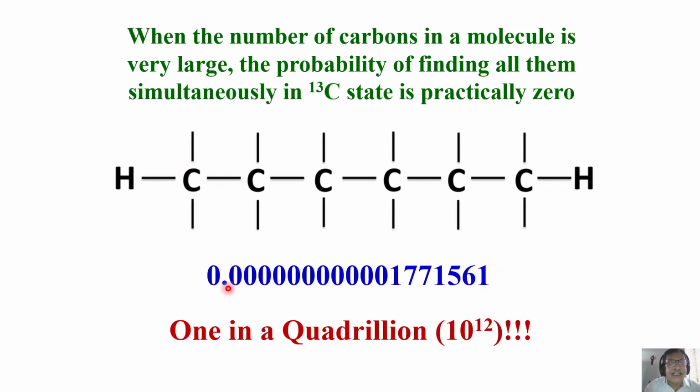Can we think of that in a realistic situation? Impossible. Very, very difficult, or practically 0. So in a given molecule, all the carbons being in the carbon 13 state at a time is practically 0.